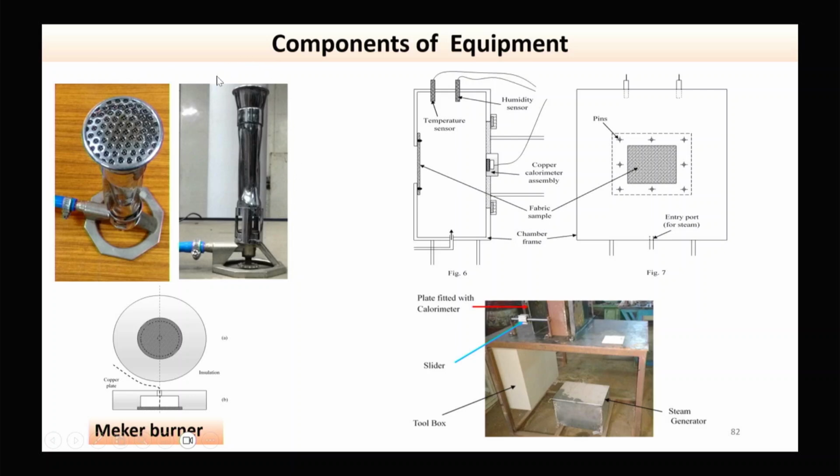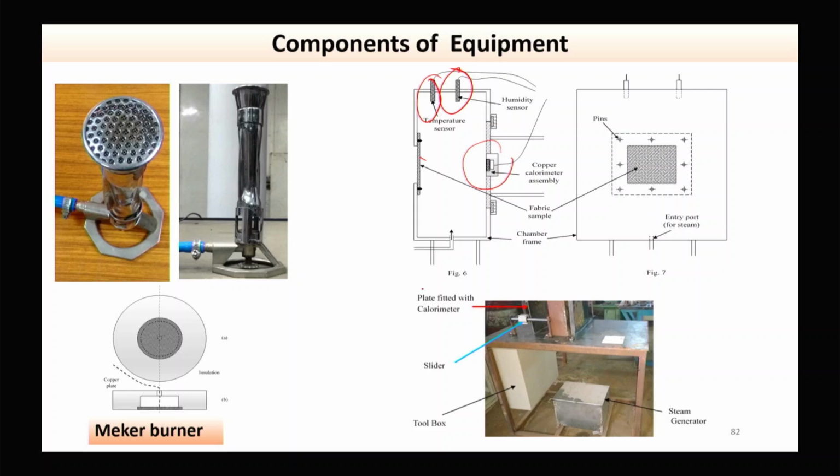This Meker burner is responsible for the flame and flame intensity, and in between, this is the system here. Temperature sensor and humidity sensors are kept here, and this is the fabric specimen as I have shown. This is the fabric specimen here, and here is the copper calorimeter.